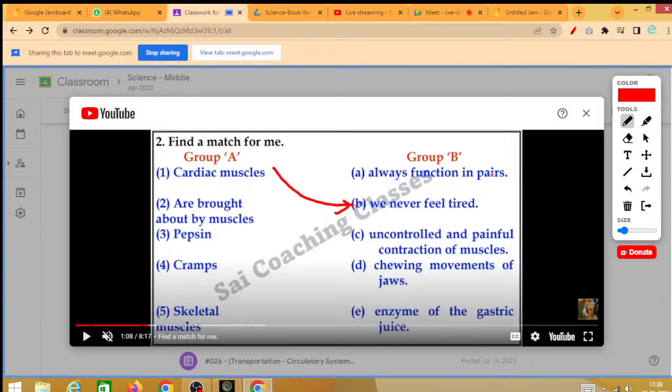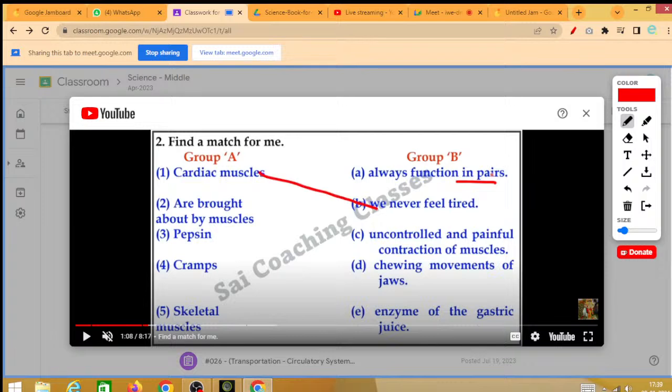Okay, next Anjali. Read. Movements brought about by muscles. What is the thing that happens through muscles? Always function in pairs, we've already done.